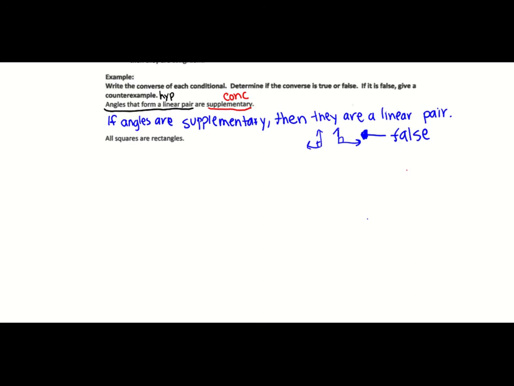Okay, let's look at our last one on this page. All squares are rectangles. So if we have all squares as our hypothesis and rectangles as our conclusion, I'm going to flip those around. So all rectangles are squares.